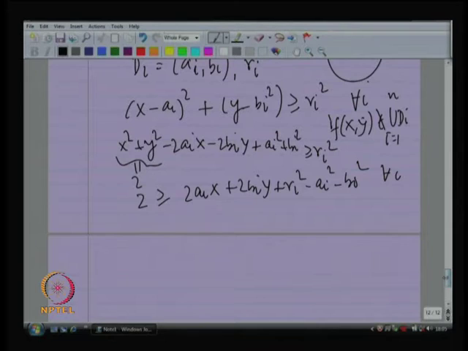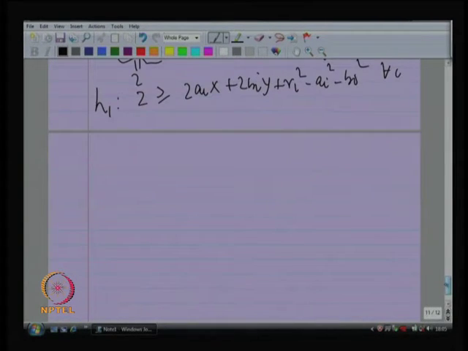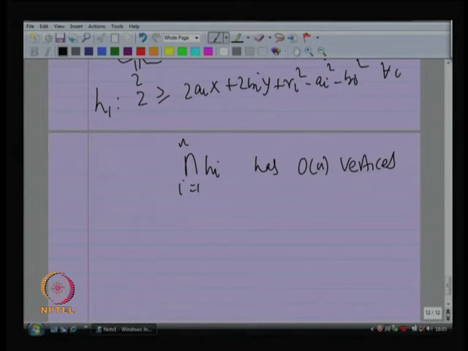So let us call these h_i. Because it is a convex polytope in 3D and it has linear size, that is basically it, and that implies that the union of disks has linear complexity.